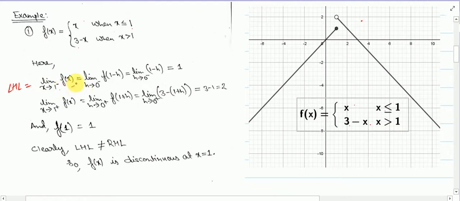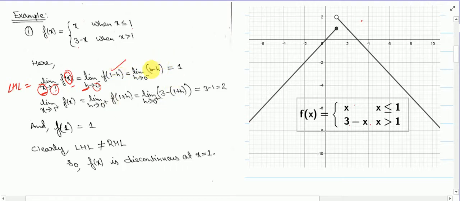equal to this. Now in the very next step, in place of this x you will write h, and in place of this 1 you will write 0, and in place of x you will write 1 minus h.